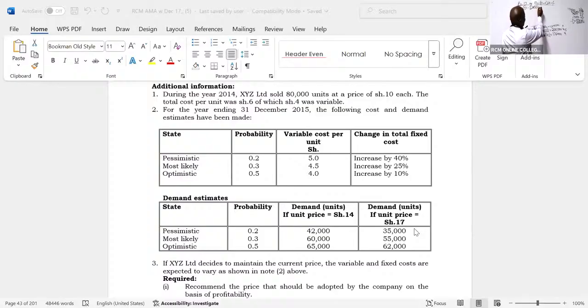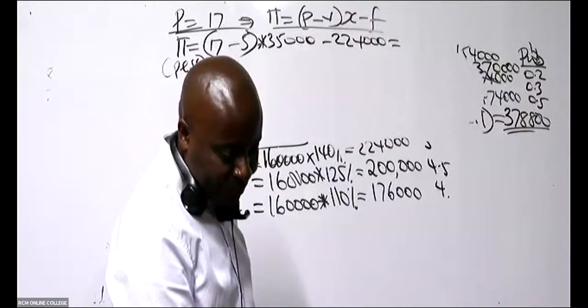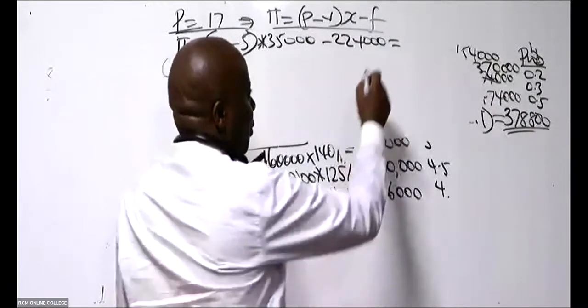Pessimistic demand is 35,000. And then we have the pessimistic fixed cost, which is 224,000. Could you be kind enough by giving me this answer? 196,000. Thank you so much.